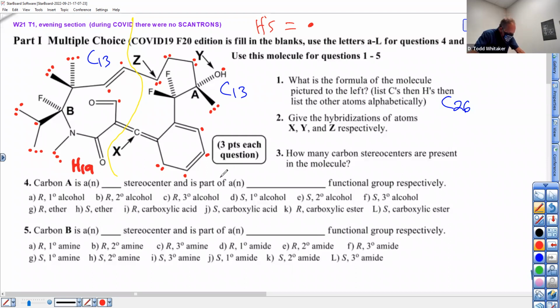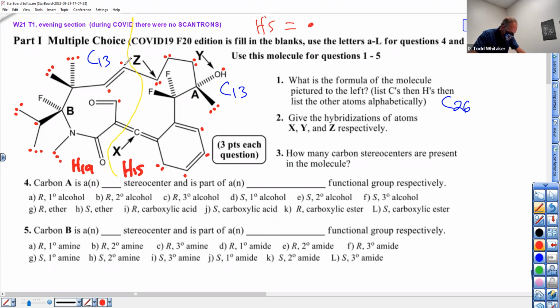On the right side, we'll start top left again. 2, 4, 6, 7, 10, 11, 12, 13, 15. All right. Do that again. 2, 3, 4, 5, 8, 9, 11, 13, 15.